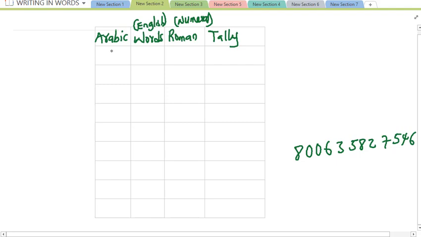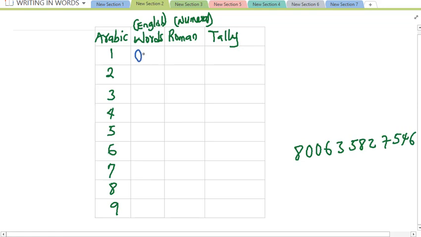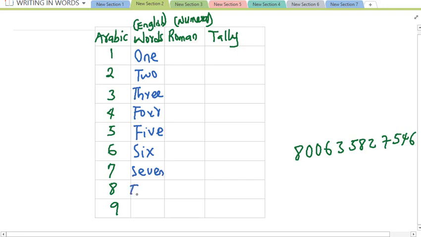Arabic, you know your normal 1, 2, 3, 4, 5, 6, 7, 8, and 9. But that's not the same for words. For words we have 1 as ONE, 2, 3, 4, 5, 6, 7, 8, 9.